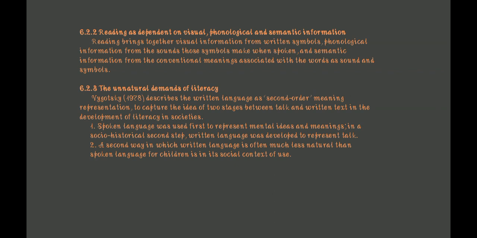The first stage represents mental ideas and meanings in a socio-historical context. Second, written language was developed to represent thought, and a second way in which written language is often much less natural than spoken language for children is in its social context of use.